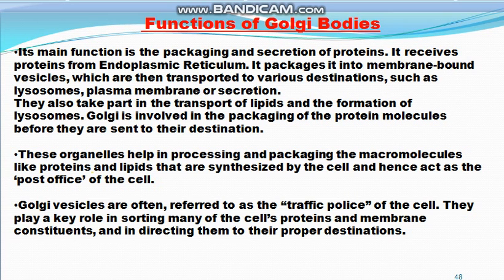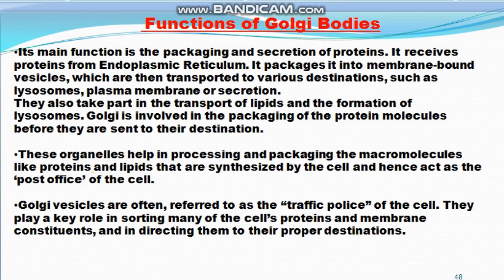Now next comes the function of the Golgi body, or Golgi apparatus, or the Golgi complex. So now you should understand the basic function of the Golgi body is the packaging and secretion of proteins.